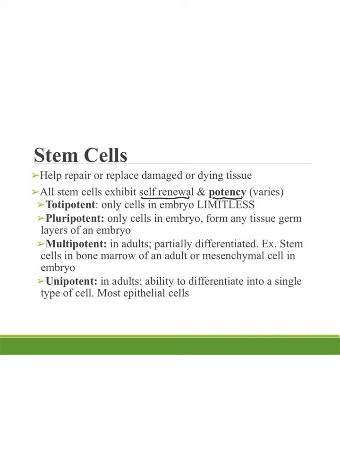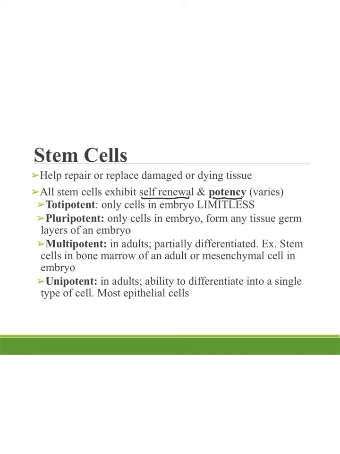That's why it's referred to as multipotent. So again, that's found in our red bone marrow. In the embryo, so this would be further along in development, once these cells become mesenchymal, they can still become any type of connective tissue. Okay, so that would be considered multipotent as well.